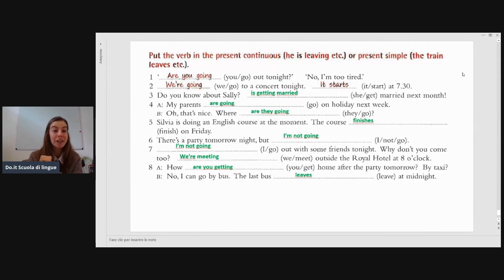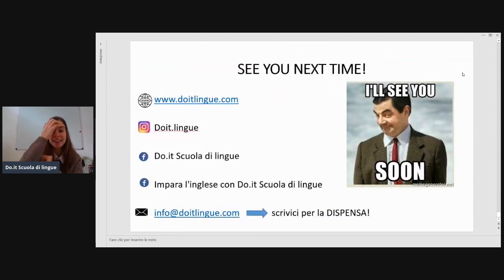Okay, guys, and that's pretty much it for today. So it's incredible, but actually, almost 45 minutes have passed since the beginning, and we pretty much covered all the future forms. Non vi voglio scoraggiare, oggi abbiamo toccato 4 modi come esprimere il futuro in inglese.